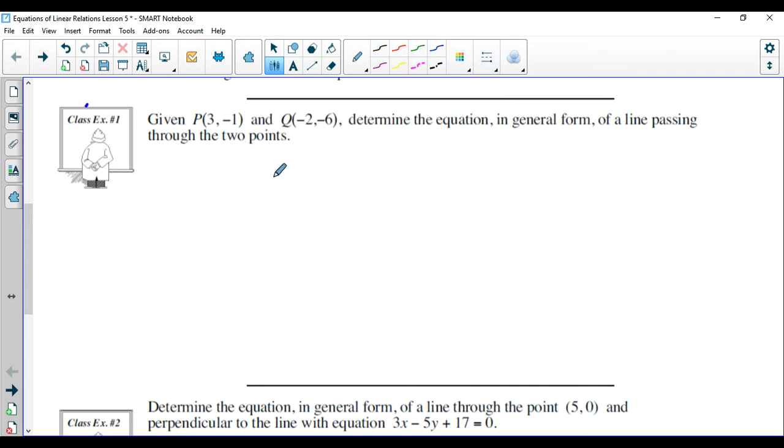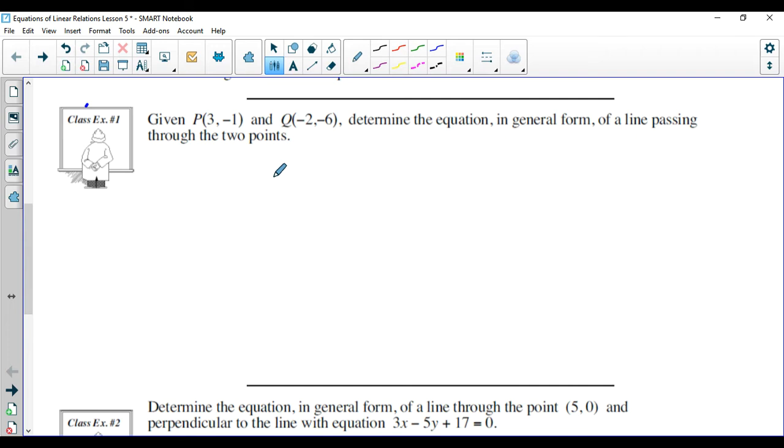Okay, so the first one tells me: given point P is (3, -1) and point Q is (-2, -6), determine the equation in general form of a line passing through the two points.